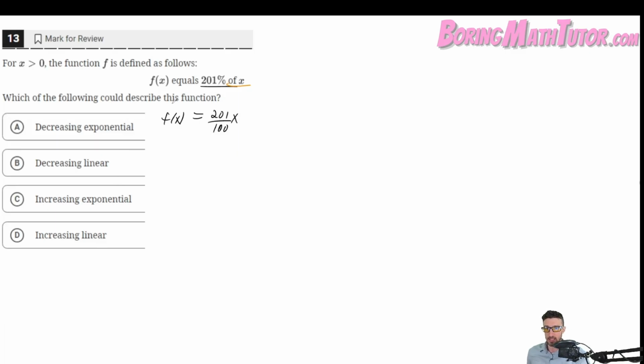Well, it is in the form of y equals mx plus b. So it's definitely linear. And is it increasing or decreasing? Well, that matters. What matters is the slope. If the slope is positive, then you can guarantee that the thing will be increasing, and we're done with the problem.